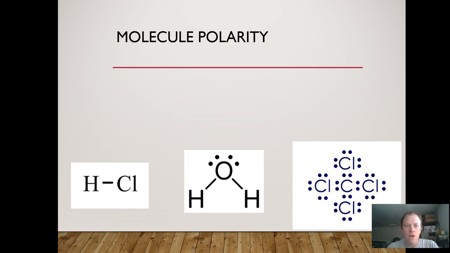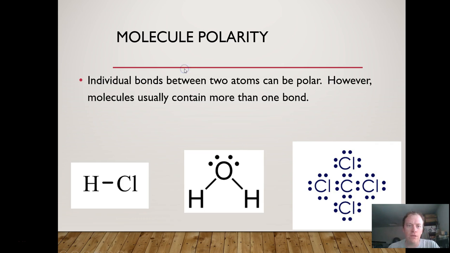Okay, so molecular polarity. We've talked about bond polarity and bond character. We were talking about individual bonds there, but now we're going to talk about molecular polarity. The thing that makes this a little more complicated is that molecules can contain more than one bond. HCl is a simple diatomic molecule, but it only has one bond.